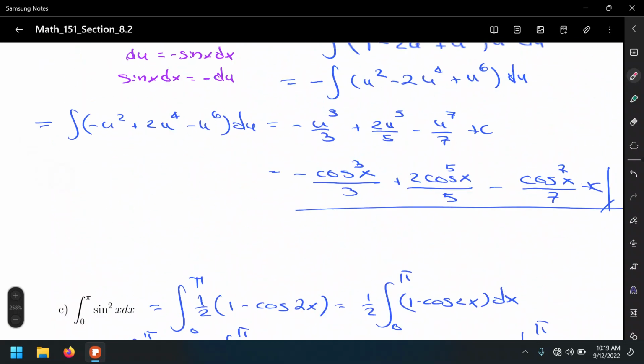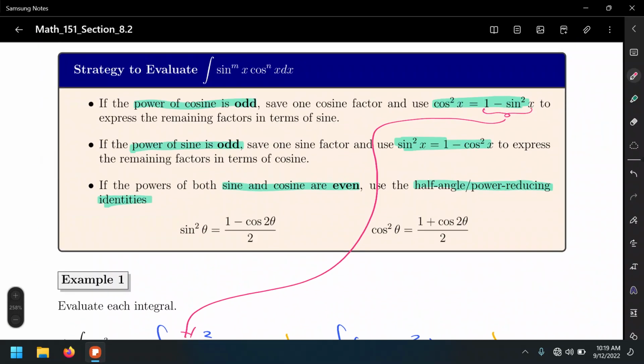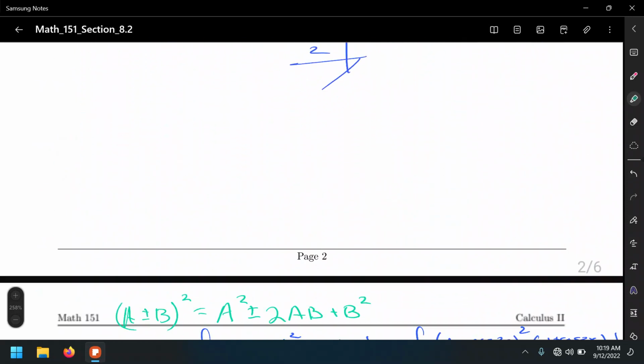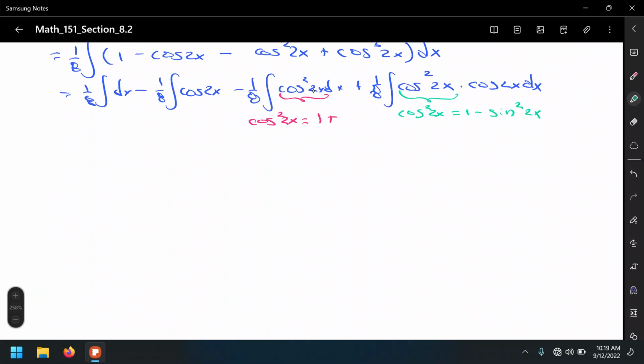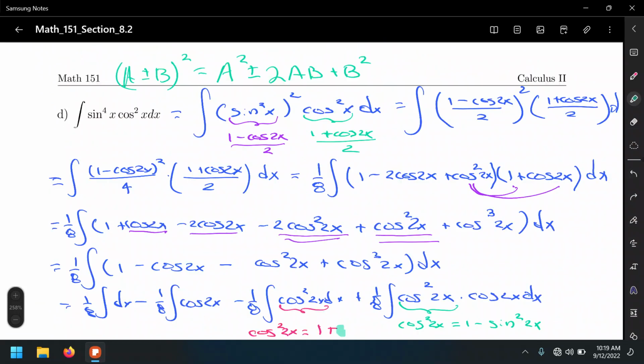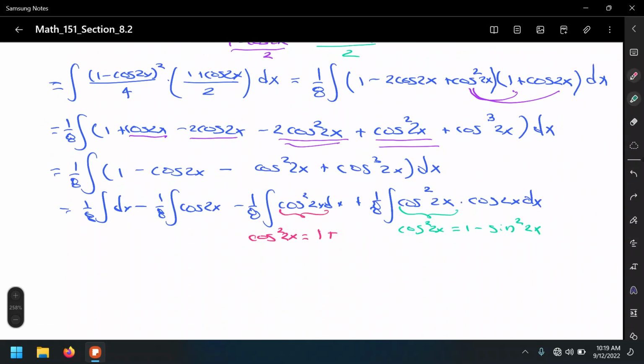Let me go back to the formula. Observe what happens with theta. What happened from here to here? It doubled, right? It doubled. So in this case, same thing. It's going to double, and we're going to have cosine of 4x over 2.